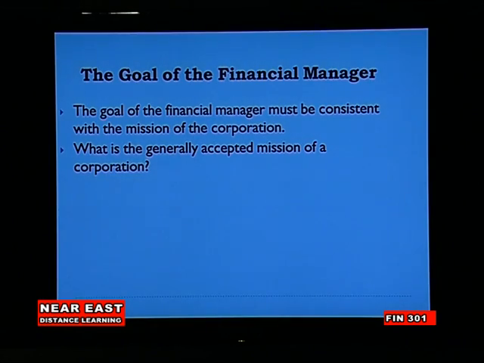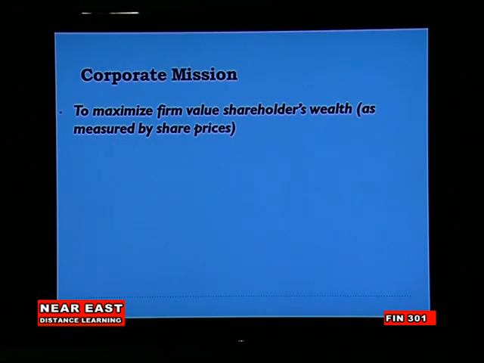The main objective for the financial manager is associated with the corporation mission, with the objective of the company. The corporation mission for any company is to maximize the fair value of shareholders' wealth as measured by share prices. For that, the main objective for the financial manager is to maximize the fair value of shareholders' wealth by increasing share price.